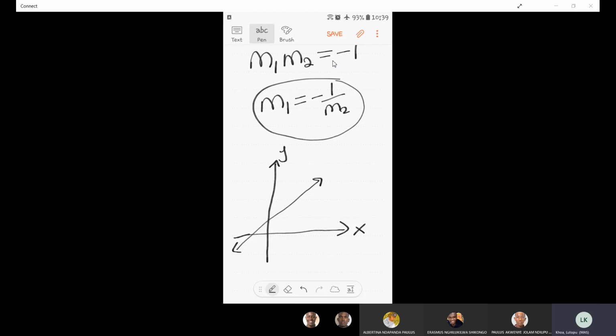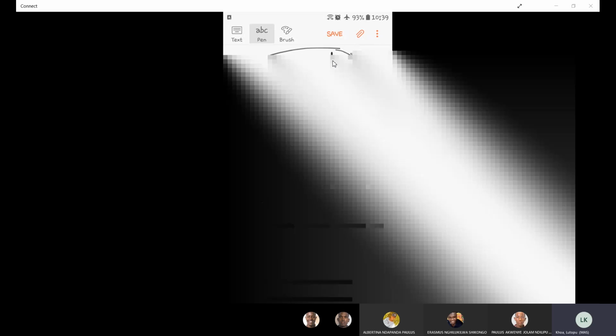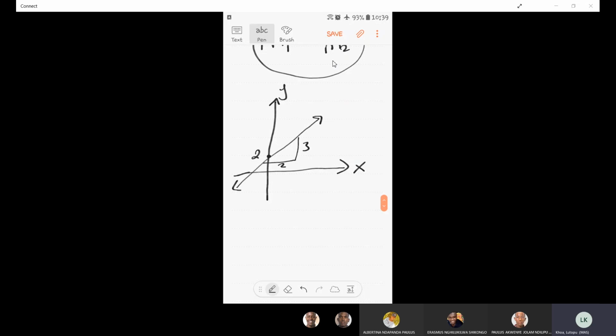Then we are told the gradient here, given this 3 and 4, and then we are told that this point over here is 2. So we have to come up with this equation just by looking at what we are given. Now we know that our gradient is delta y over delta x, and this 3 here is delta y, and this 4 over here is my delta x, because the gradient is the same irrespective of any 2 points that you pick.